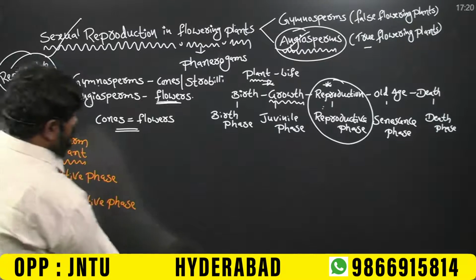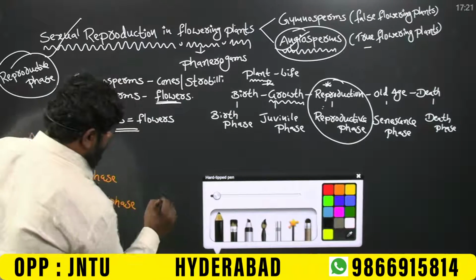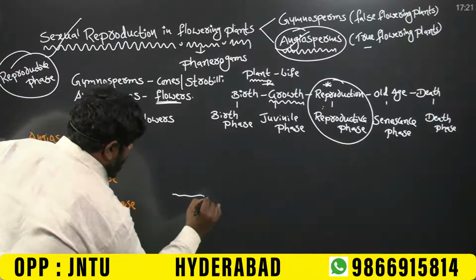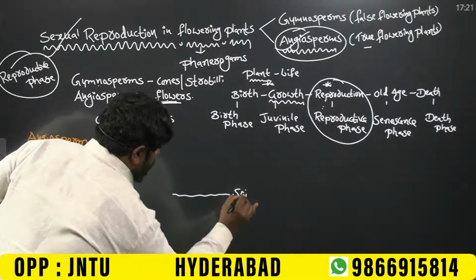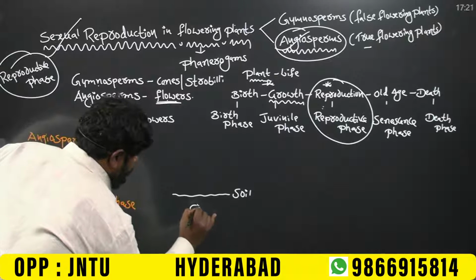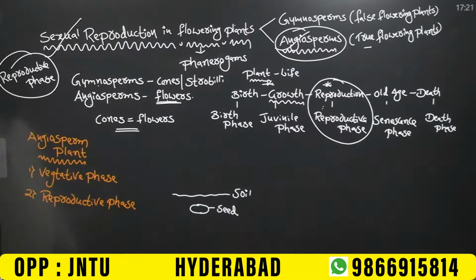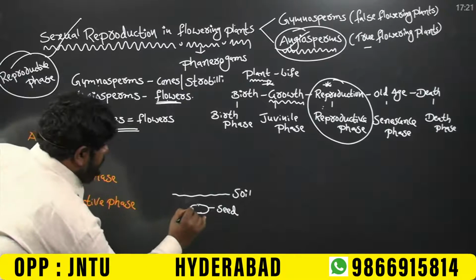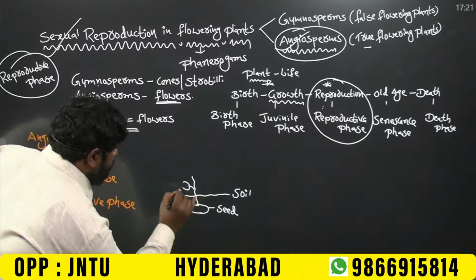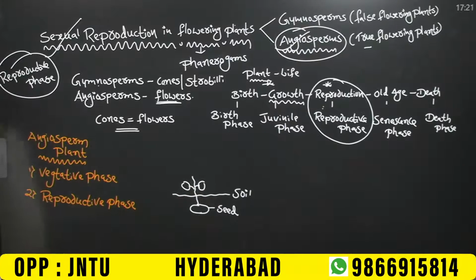For example, imagine we take one small seed and sow it inside the soil. When favorable environmental conditions are present, the seed germinates to produce one small plant.